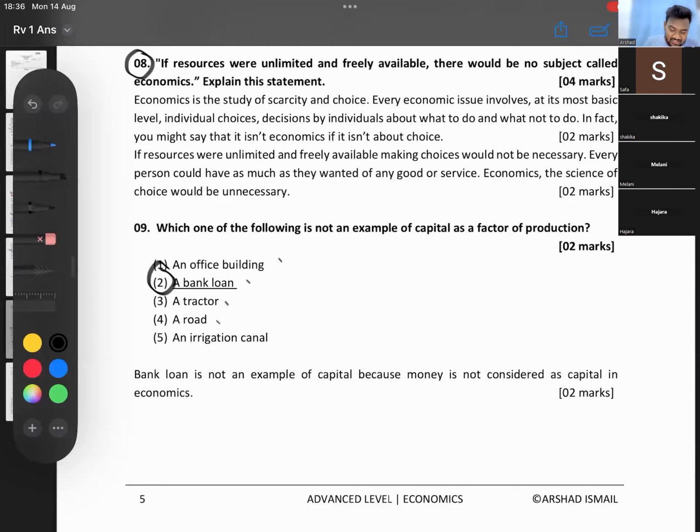Bank loan is the answer because bank loan is money, right? Remember, in economics, money is not capital. You can't convert inputs into outputs from a bank loan. From a bank loan, you can buy a machine or a factory that will help convert inputs into outputs, but the bank loan itself will not. So the bank loan is not considered capital in economics.